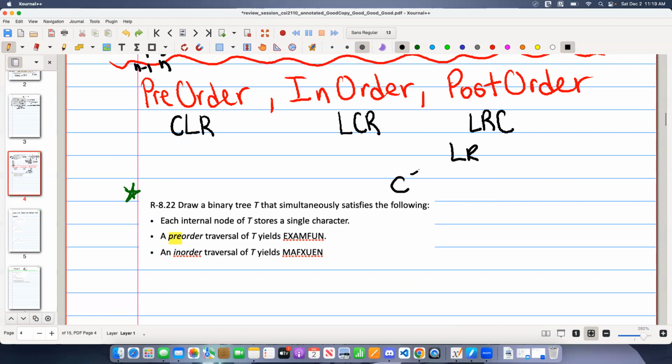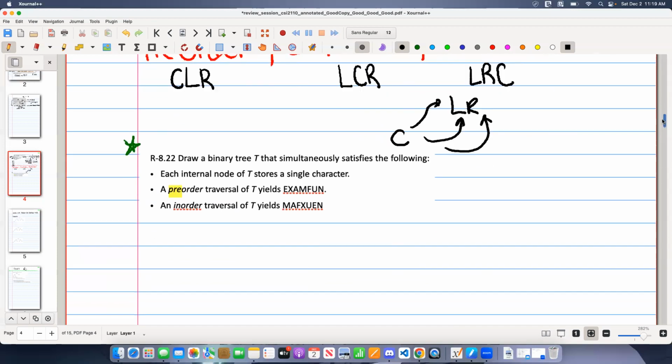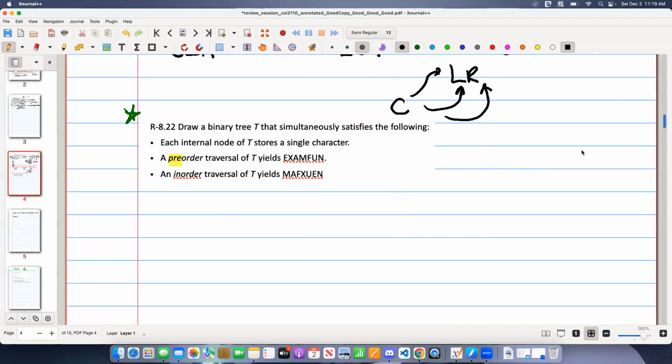In terms of this section, I'll cover everything, but the first question talks about building a tree. You have pre-order and you have in order. For pre-order, you have EXAM FUN.